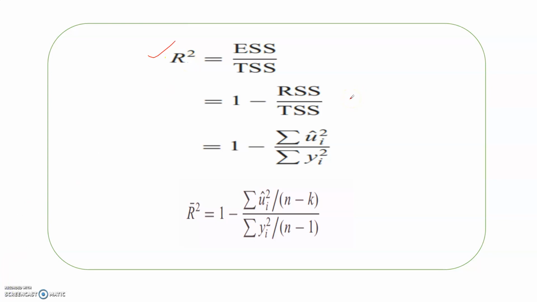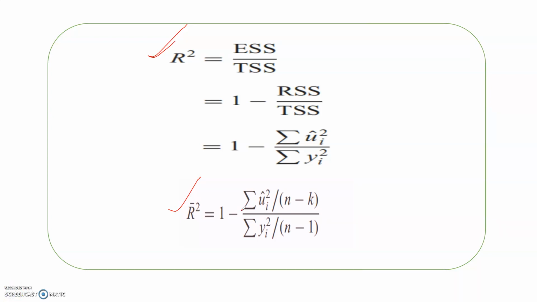So if we take a variable which is completely irrelevant to our dependent variable, even adding such a variable would increase the value of r square. This is why we adjust r square. For doing that, we divide the sum of squared residuals by n minus k, and we divide TSS by n minus 1. So this is how we calculate the adjusted value of r square.